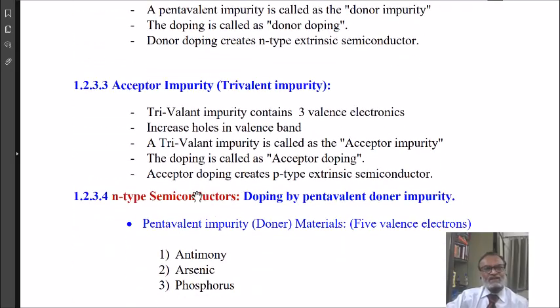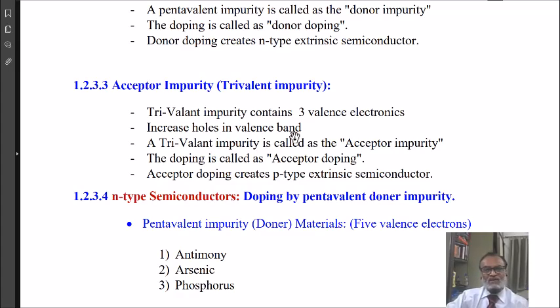If the impurity is an acceptor impurity, that is a trivalent impurity, these impurity atoms have 3 electrons in the valence orbit, and therefore there is always a deficit of 1 electron. Whenever this atom forms covalent bonds with the neighboring silicon atoms, there is a deficiency of 1 electron in the covalent bond.